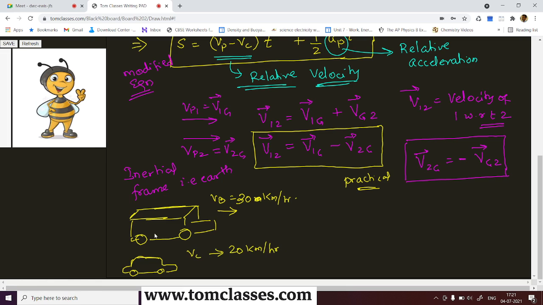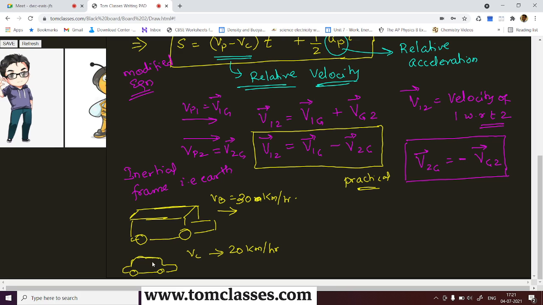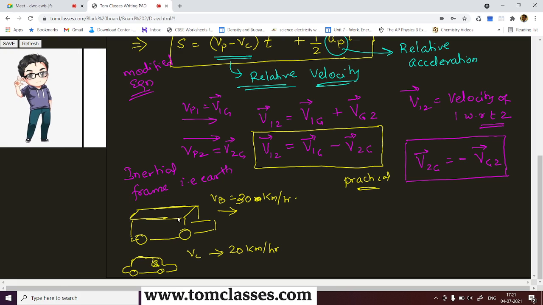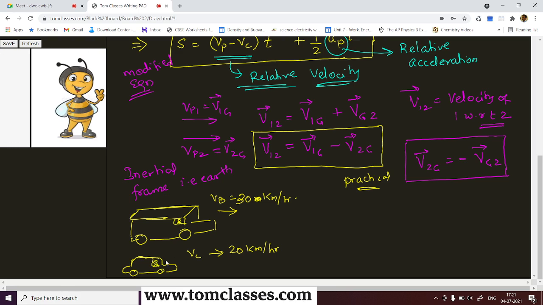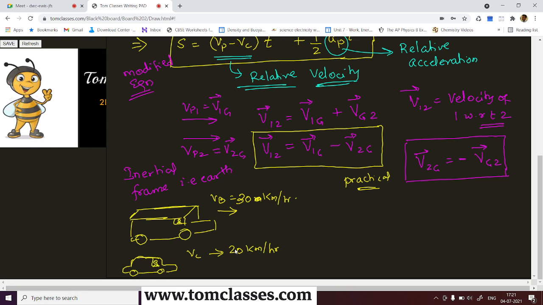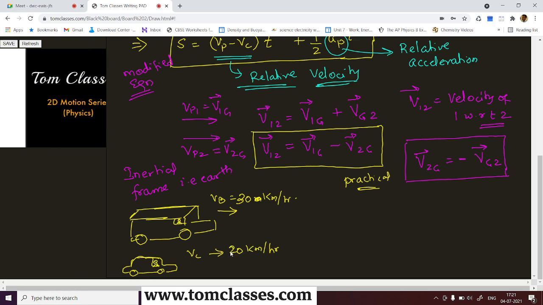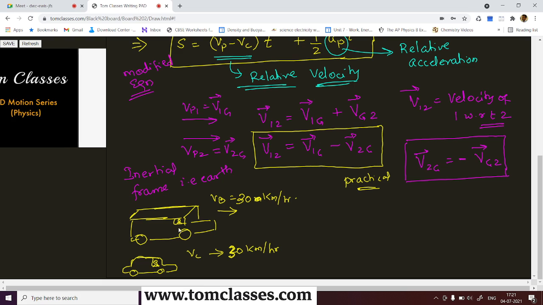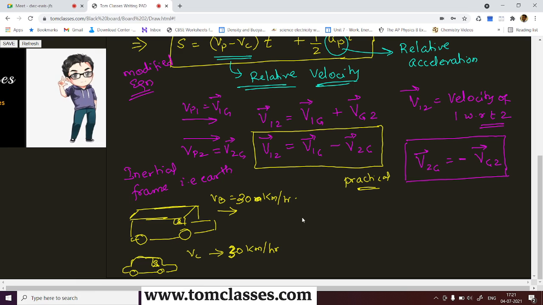Suppose you are in a car and your friend is over here, and for a moment the velocity of the car is 30. You see that none of you will be changing position with respect to each other.